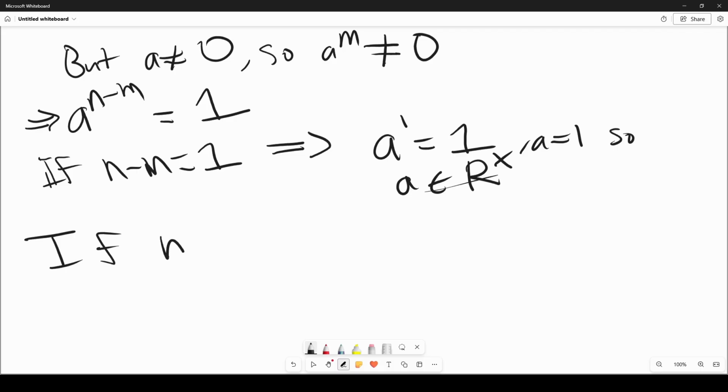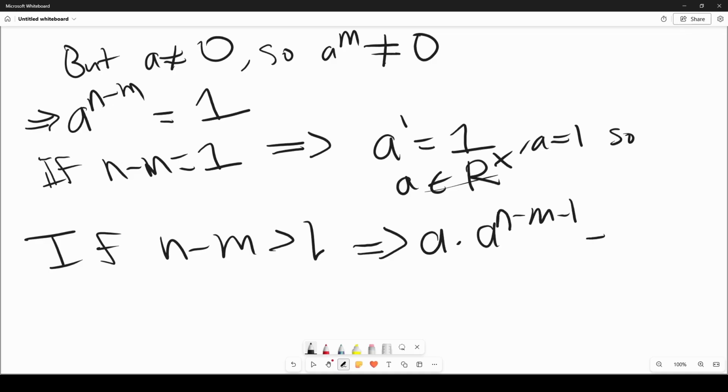If n minus m is greater than 1, then this implies that a times a to the n minus m minus 1 equals 1. And this is some number which is greater than 0. So a has an inverse, and it's equal to a to the n minus m minus 1.